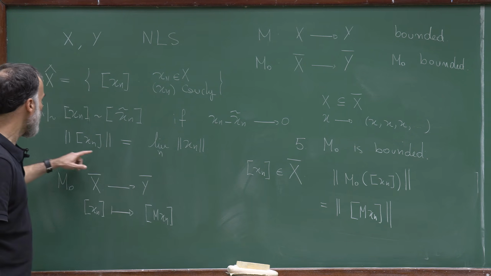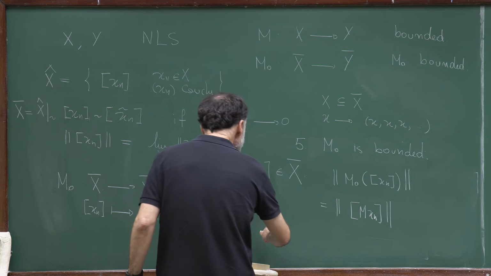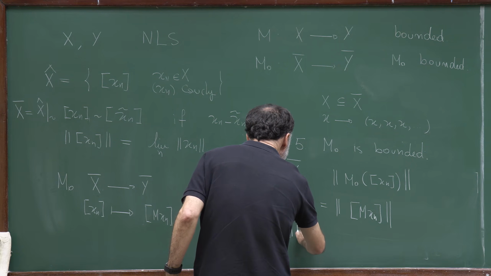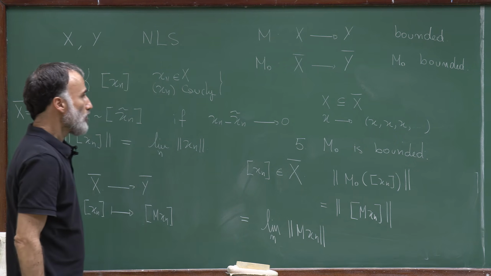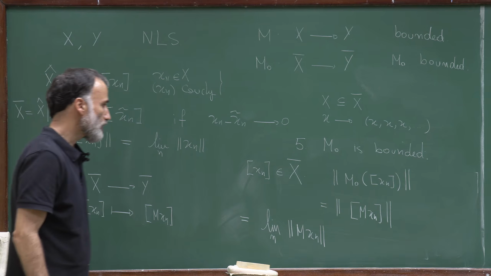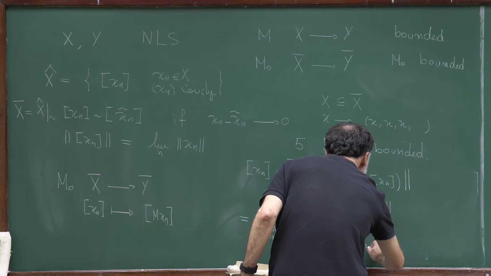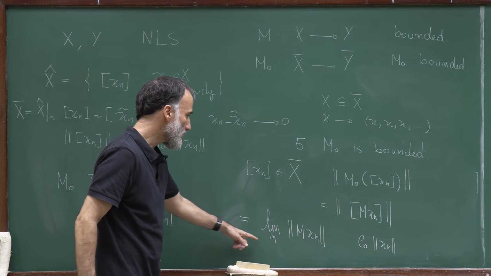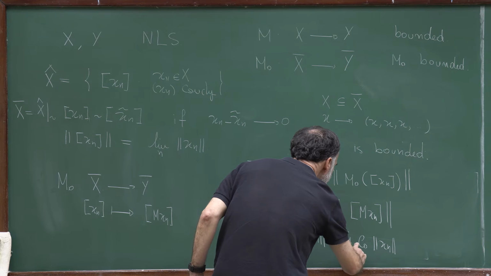But the norm of an equivalence class is the limit of the norms, so this is equal to the limit in n of the norm of M xn. But since M is bounded, because we started from a bounded map, the norm of M of xn is bounded by C0 times the norm of xn, and therefore the limit of this sequence is bounded by the limit inf of this sequence.